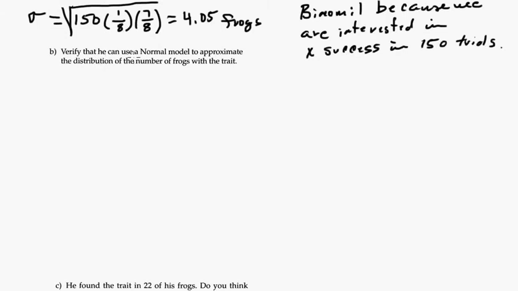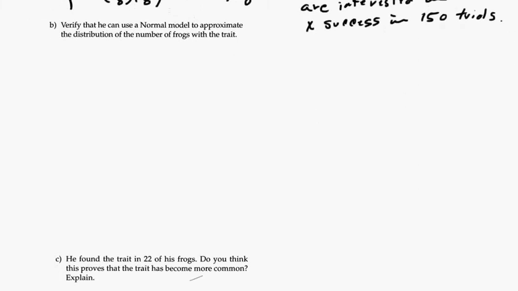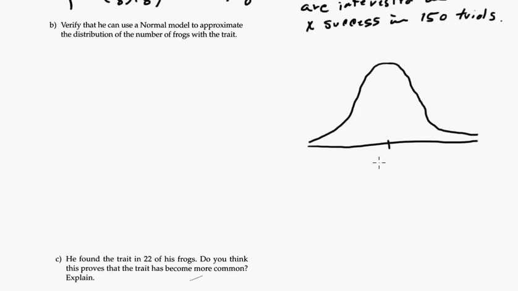Now, verify that he can use the normal model to approximate the distribution of the number of frogs. What that's saying is that we would like to use a normal model where the center is 18.75 and the standard deviation is 4.05 frogs.